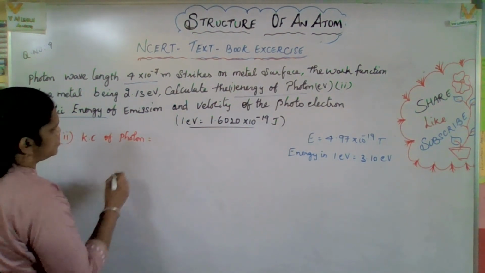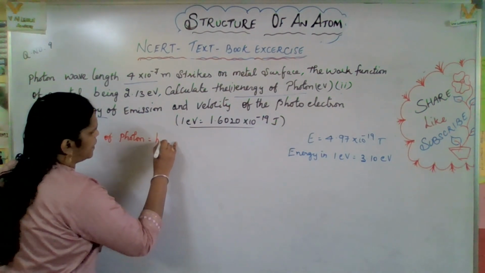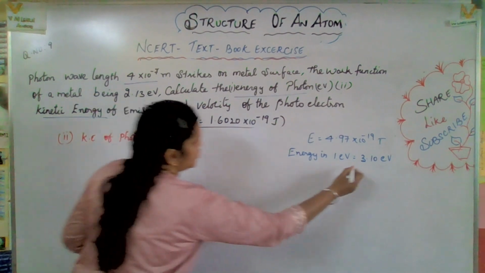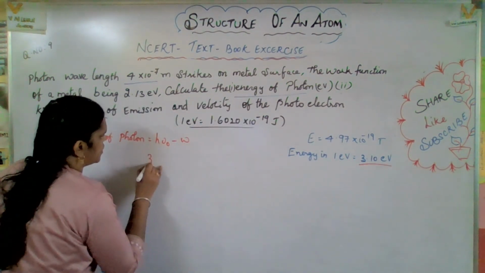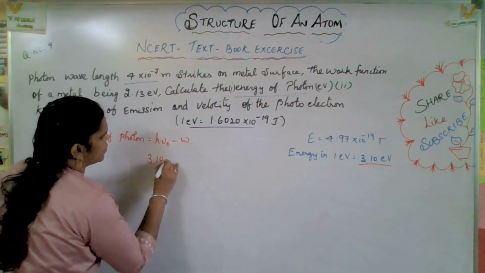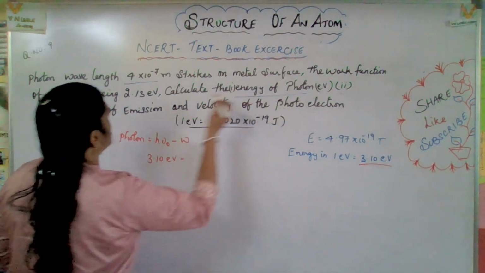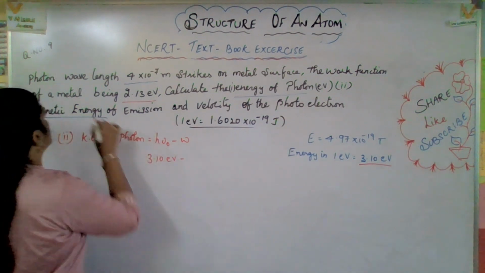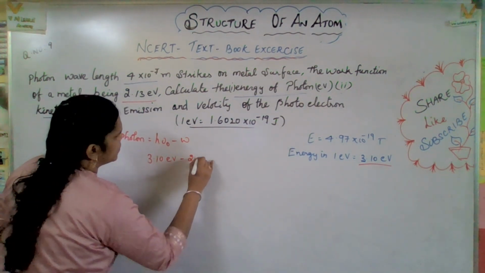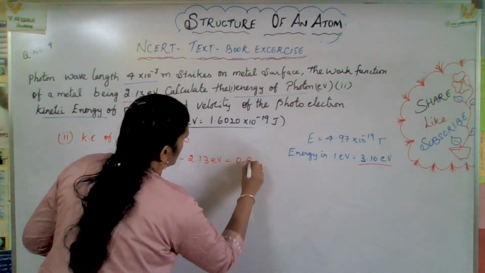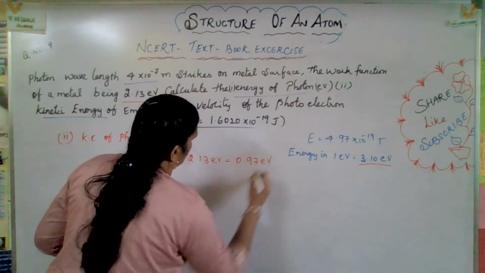What is the formula? h nu naught minus W. h nu naught, you just got, is 3.10 electron volt, minus the work function they have given, 2.13 electron volt. So altogether you will get 0.97 electron volt.